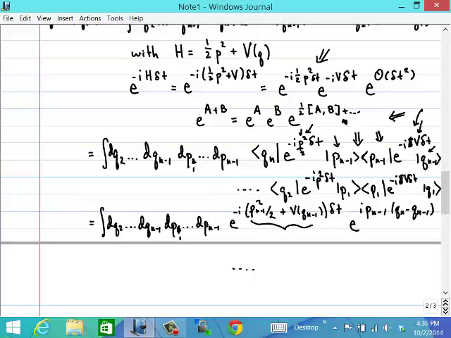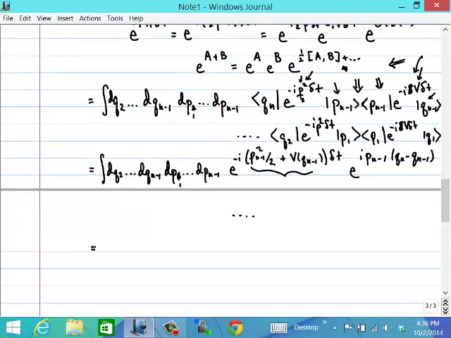And so I then have this product of the n terms, and so I get an integral dq2 all the way up to dqn minus 1, dp1 all the way up to dpn minus 1. And I have the product of a bunch of exponentials, which is the same as the exponential of a sum, where now I sum over all i of, what do you get?